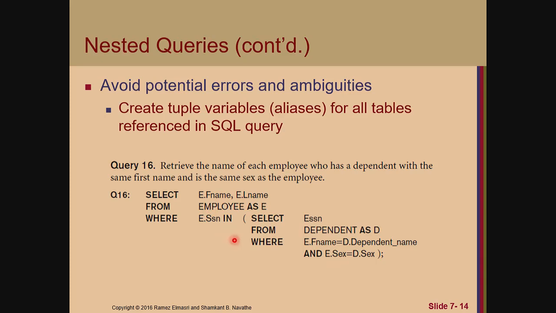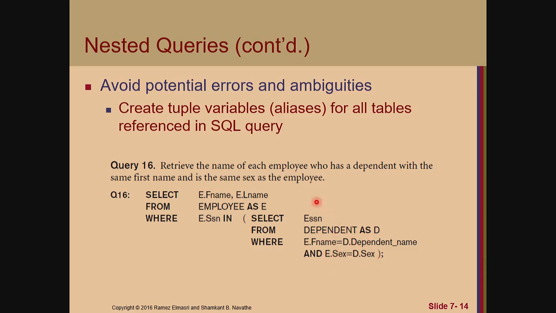What does this mean here? Retrieve the name of each employee who has a dependent with the same first name and is the same sex as the employee. Same first name. Very interesting. So in the subquery, we check the same first name and the same sex for the employee and the dependent, right?